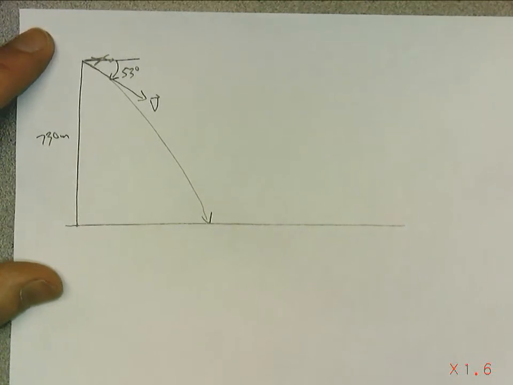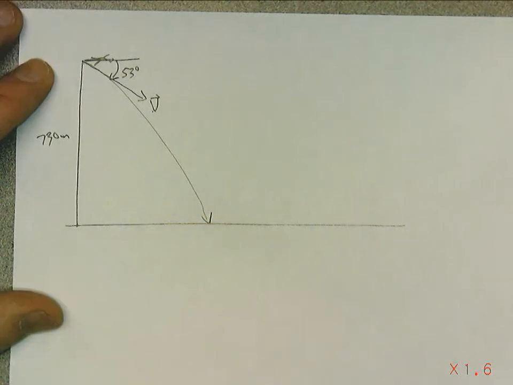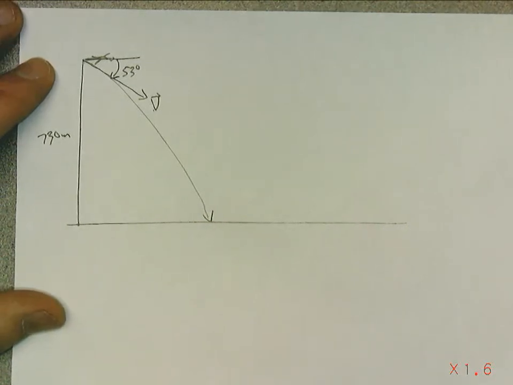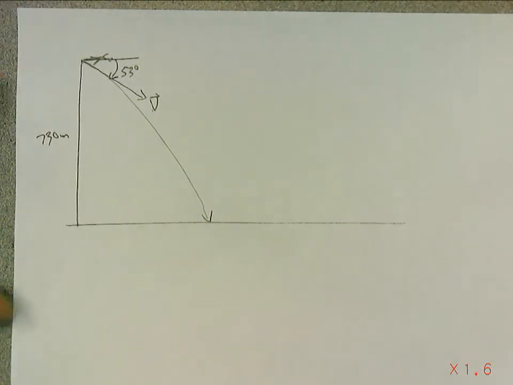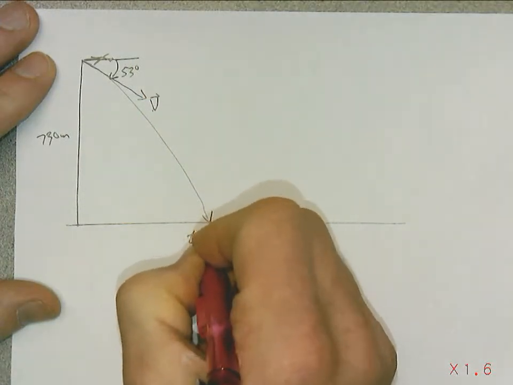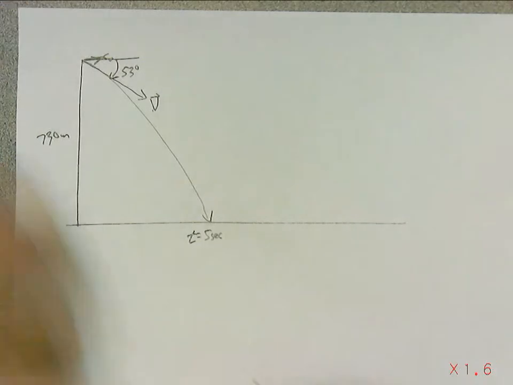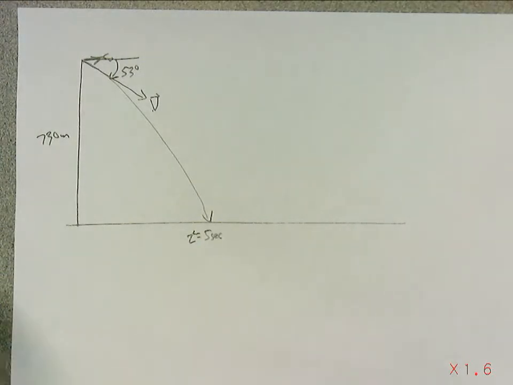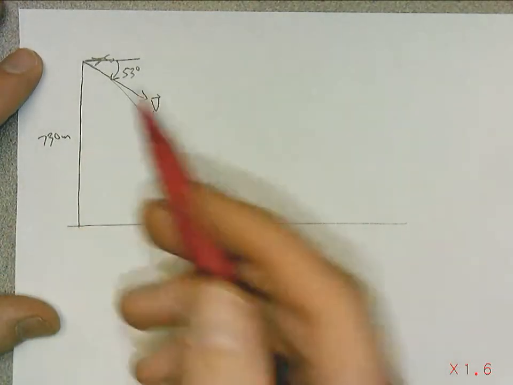What was the speed of the bomber? In other words, we need to find the magnitude of the velocity. Well, we have the time. This is really good. t is equal to 5 seconds. That's going to help us a lot. Because we have the time, we have everything about position.